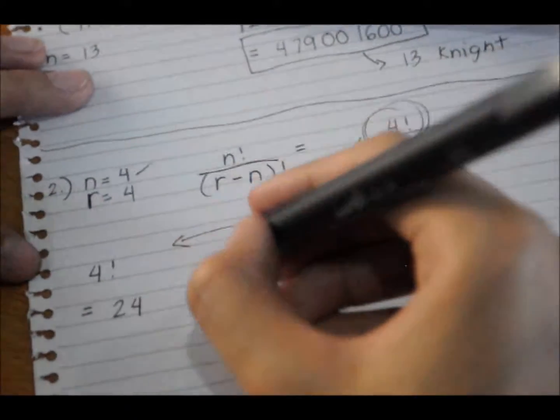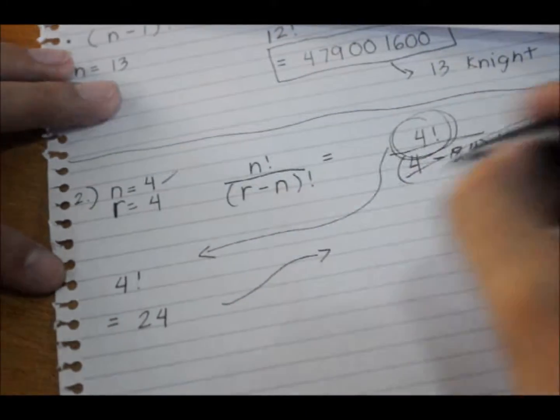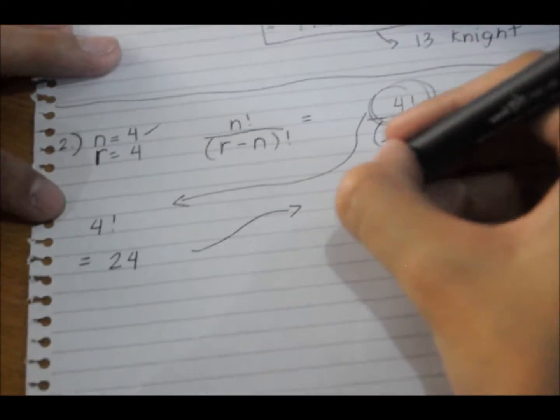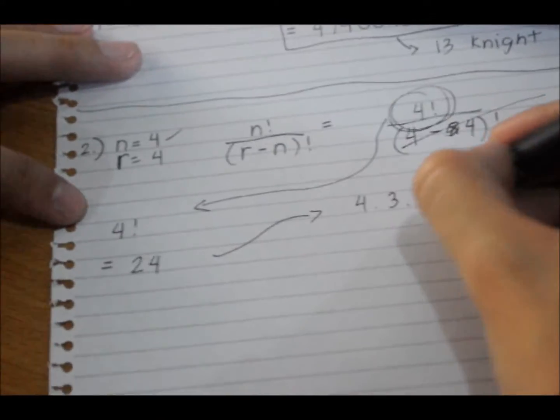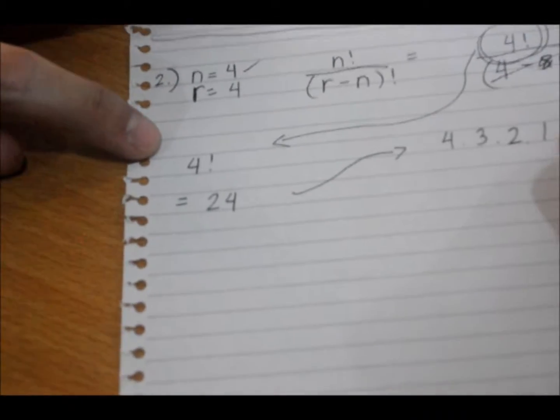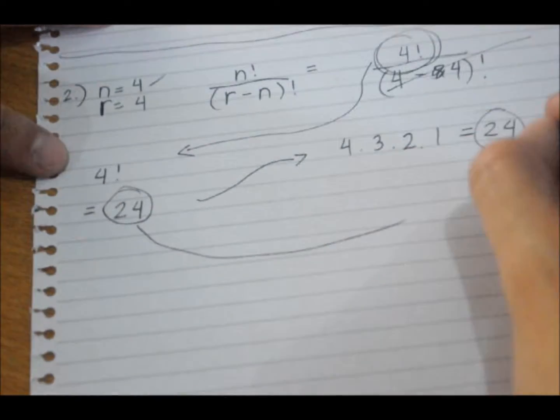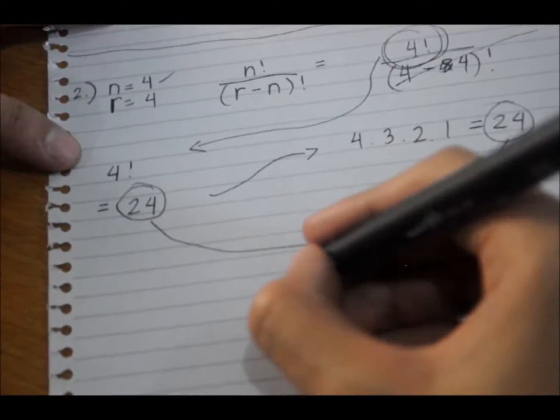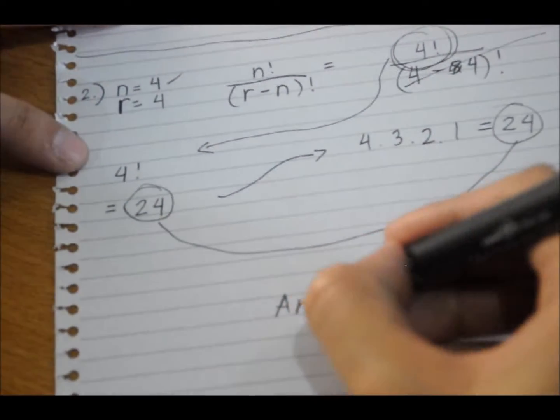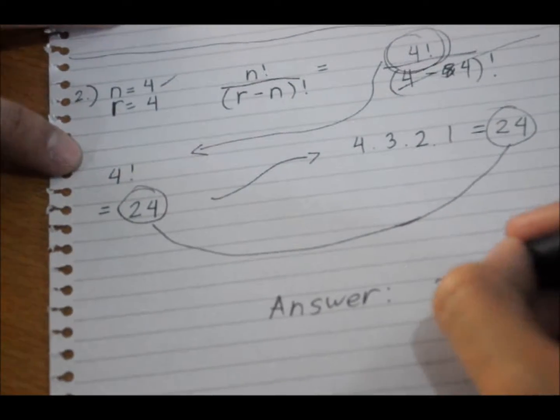The other solution for this is by doing this process: 4 times 3 times 2 times 1 is also equal to 24. These two are just the same. So the answer is 24 on question number 2.